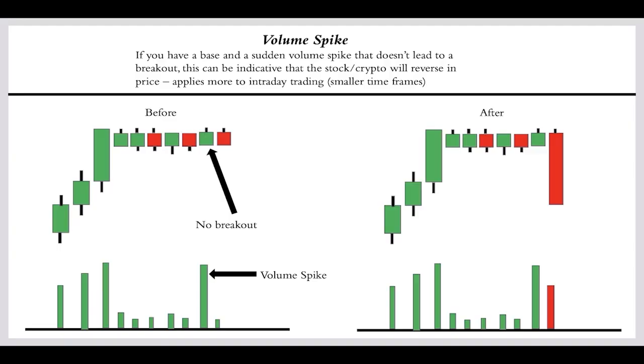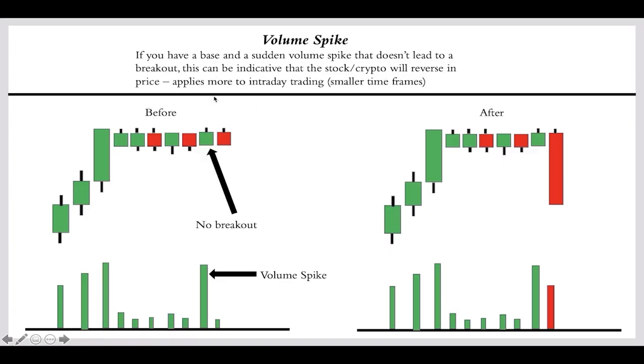Over the years I saw this so often that it's almost become its own trading strategy. So if you have a rally, we have a base, we're setting up for a base breakout, and you want to play it as a breakout. And you have a sudden volume spike that does not lead to a breakout. This can be indicative that a stock or the crypto will reverse in price.